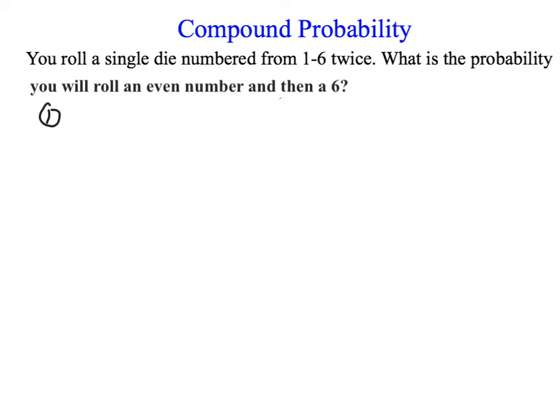So the first thing I roll, I could get a 1, and then I could roll another 1. I could roll a 1, and then a 2. I could roll a 1 and then a 3, all the way through. As I make this list, you make this list on your paper as well. But I might not roll a 1 first, I might roll a 2. If I roll a 2, I then could roll a 1.